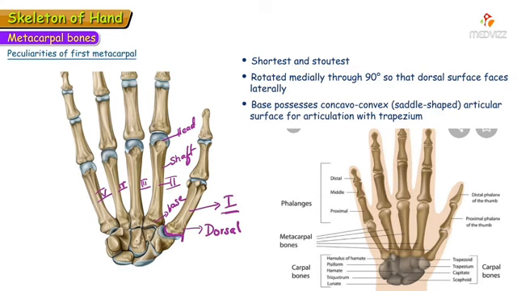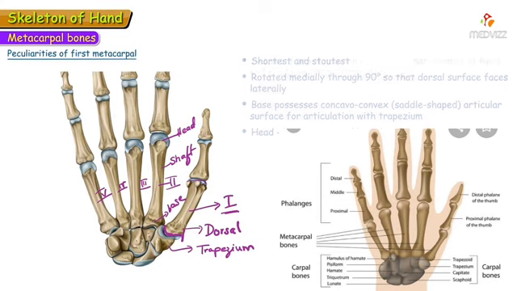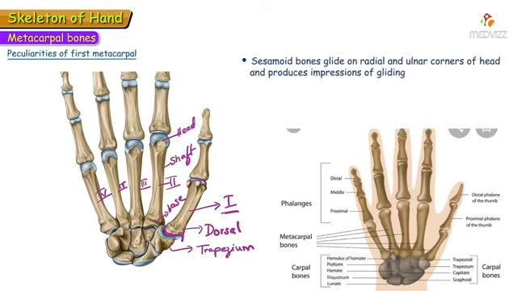So it is a saddle variety of synovial joint and it articulates with the trapezium to form a saddle joint. Because of the saddle joint, it has a wide range of motion when compared to other metacarpal bones. The head is less convex and it is broader than the other metacarpals. The sesamoid bones glide on the radial and ulnar corners of the head.